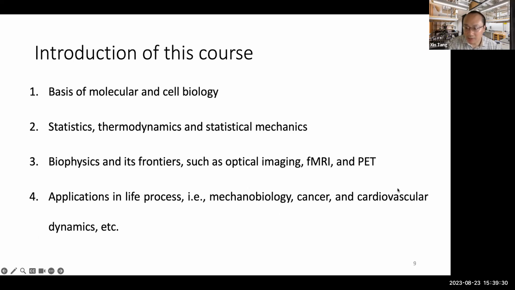Those are actually very relevant to fluid mechanics. Cardiovascular is very relevant to fluid mechanics because the blood is flowing, right? Cancer is relevant to both fluid mechanics and solid mechanics because a tumor is solid. A tumor is very rigid, very stiff compared to living cells, so it involves solid mechanics.